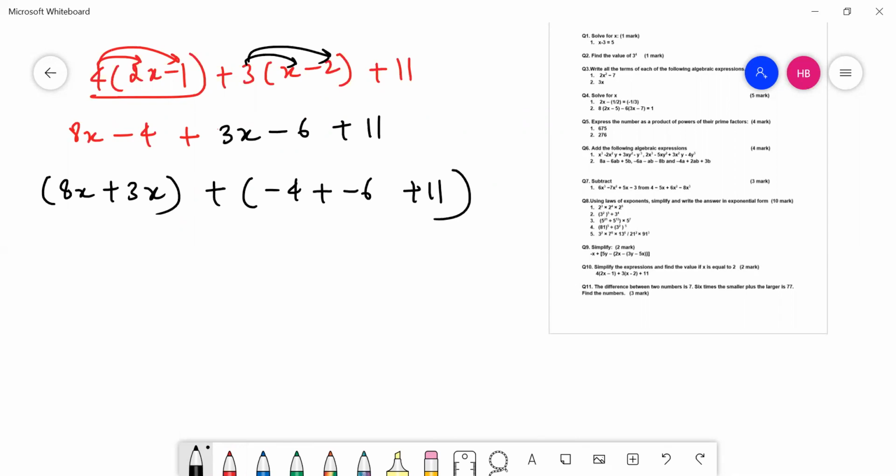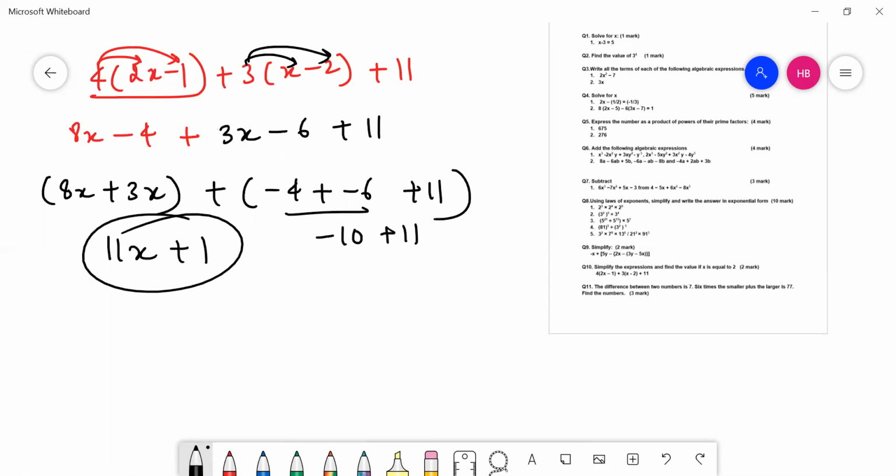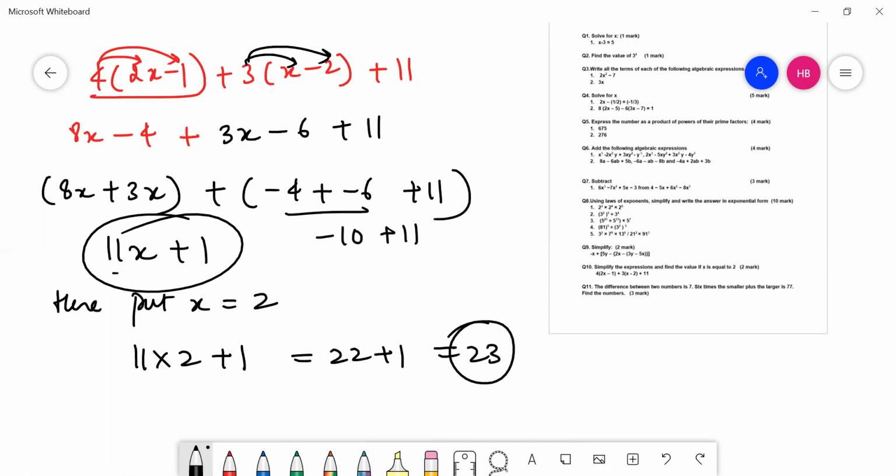So 11x, and minus 6 minus 4 gives minus 10, plus 11 gives plus 1. So 11x plus 1 is the final expression I have. Now I have to put x equal to 2. So it would be 11 into 2 plus 1, which is 22 plus 1, giving 23 as your answer.